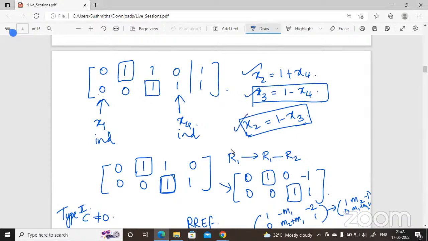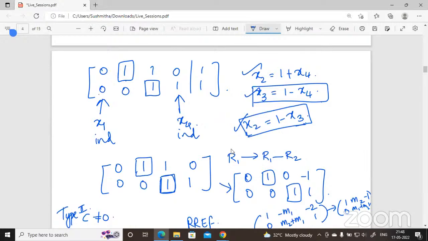This is not the only equation that comes out of the system. So along with this, in the row echelon form, wherever there is a pivot, that is a dependent variable, and the others are independent. Okay. Thank you.